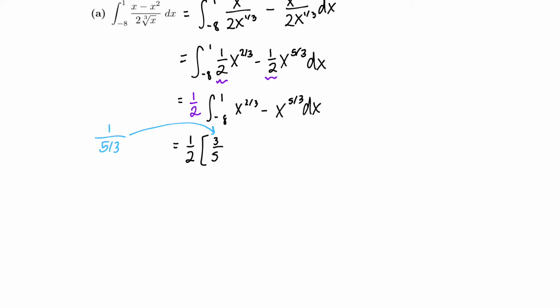But you can just go a little quicker that way. x to the 5/3 minus, 5/3 plus 1 is going to be 8/3. So that'll be 3/8 x to the 8/3. And I'll make a note that this is because you have 1 over 8/3. And it's being evaluated from -8 to 1.